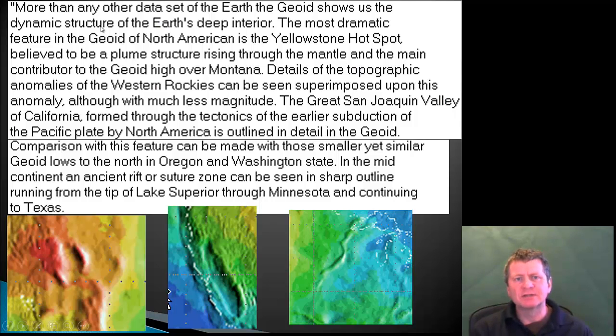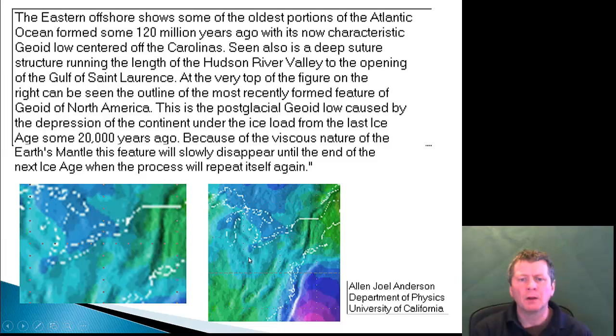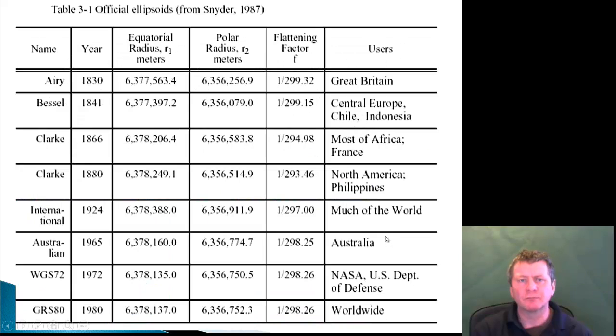What the geoid does is give us an idea of what's happening deep inside the Earth, underneath us. Off the east coast, there's a big depression, which has caused the geoid to essentially be pushed in, and that was due to the Ice Age. Slowly that will come back as the Earth adjusts.